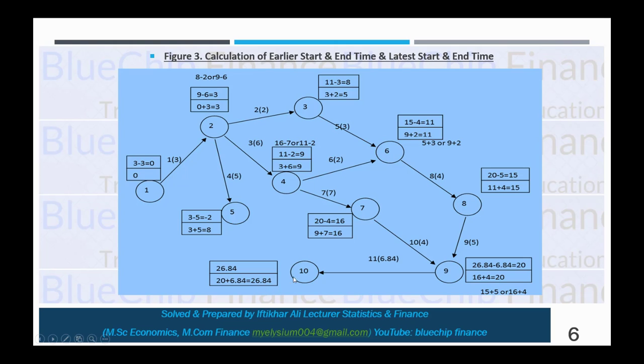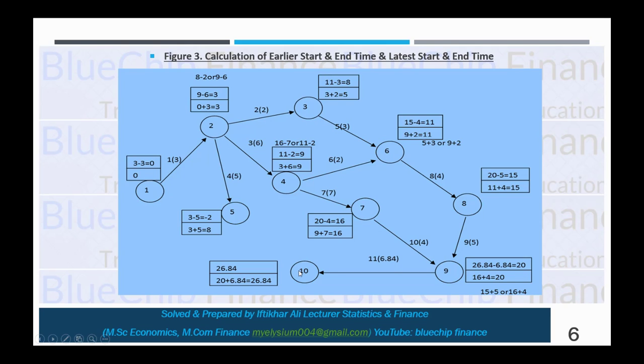So that was the ending node. In this way we can calculate the forward pass. There are different directions, as you are seeing here. One direction goes from 1 to 2, 3, 6, 8, 9, 10. One direction is 1, 2, 4, 6, 8, 9, 10. One direction is 1, 2, 4, 7, 9 and 10.